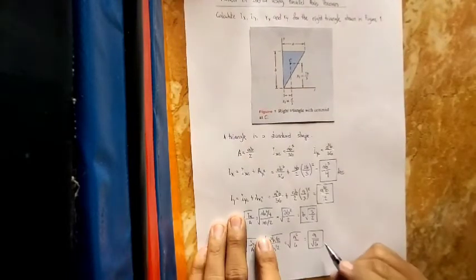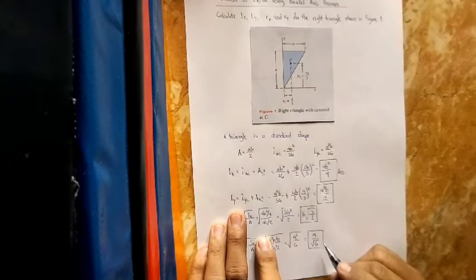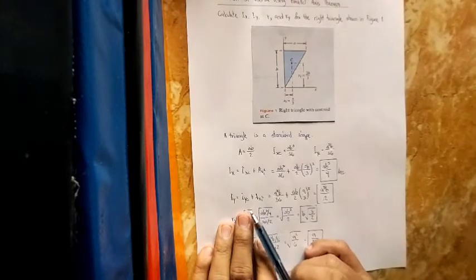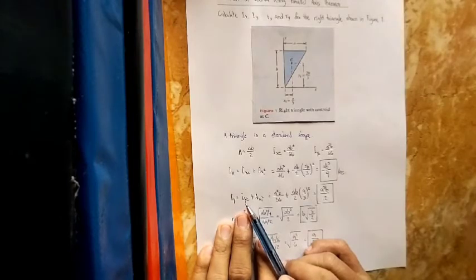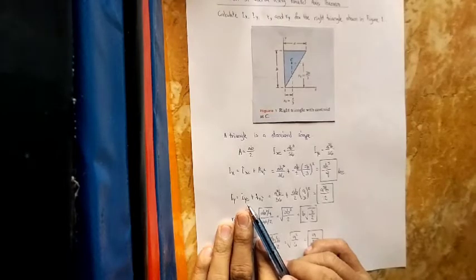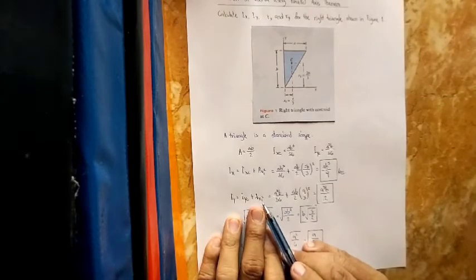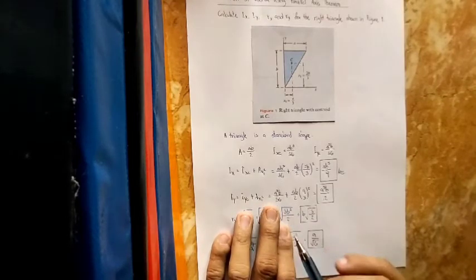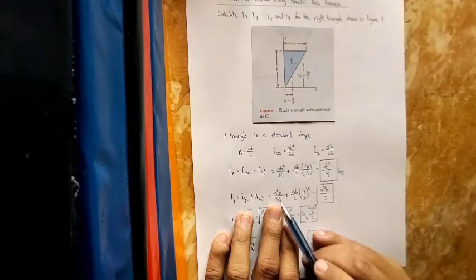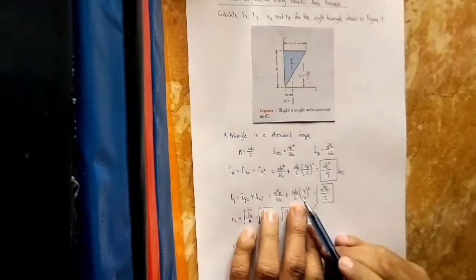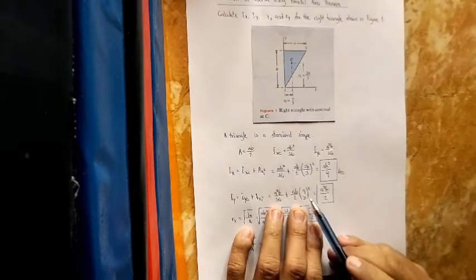Ngayon, ang kukunin naman natin is yung moment of inertia about the y-axis. Ang equation niya is moment of inertia at the centroid of y-axis plus area times x1 raised to 2 equals to A raised to 3 times B over 36 plus A times B over 2 times the quantity A over 3 raised to 2.